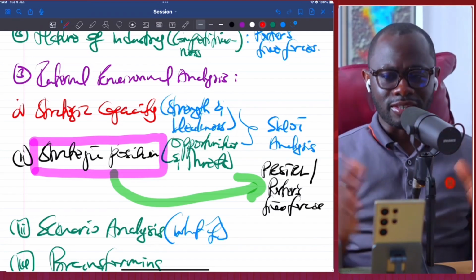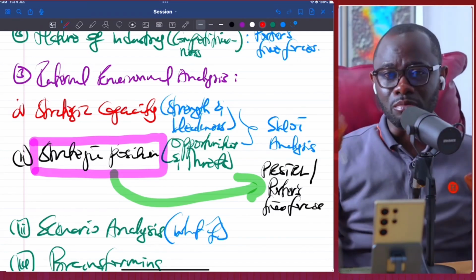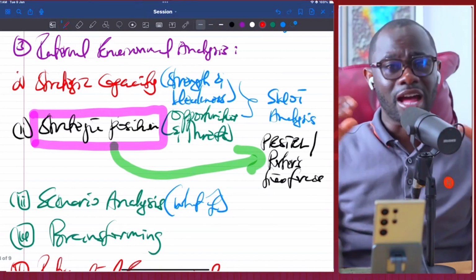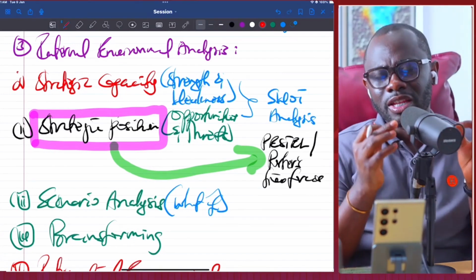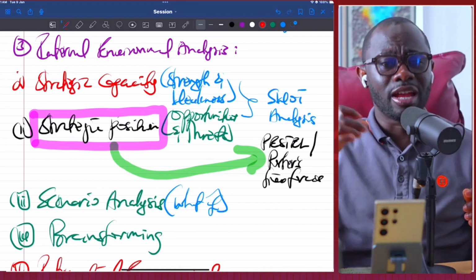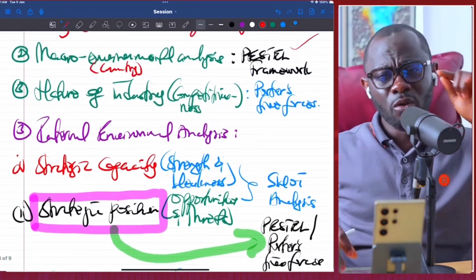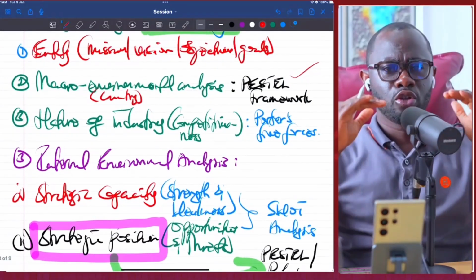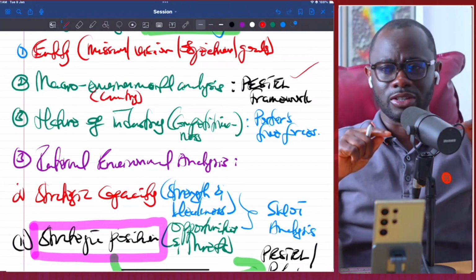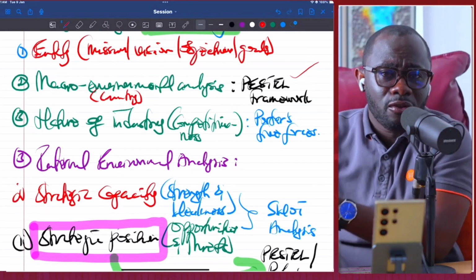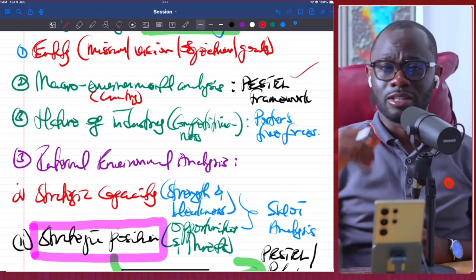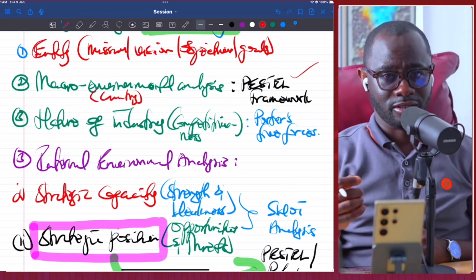And so in assessing the strategic capacity and position of the entity, we are going to be using the SWOT analysis. But it is important for you to understand that when we are preparing the SWOT analysis, we are going to be making references to the PISTOL framework, which is the macro environmental analysis, and then the Porter's 5 forces, which is the competitive analysis or the industry analysis.